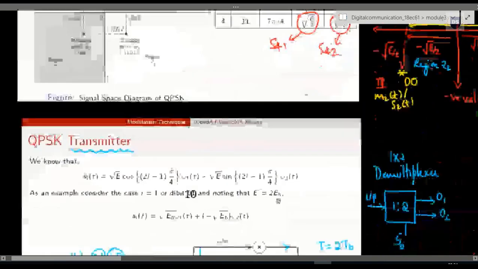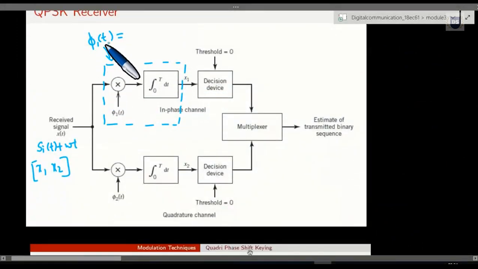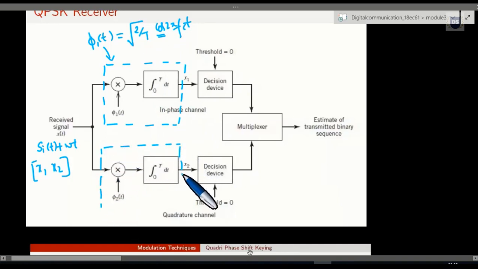So phi1(t) is square root of 2 by T into cos 2 pi fct. Because here we are using the cos function, we'll call this the in-phase channel, and likewise the other correlator stage we call the quadrature channel, because here basis function phi2(t) is equal to square root of 2 by T into sin 2 pi fct.